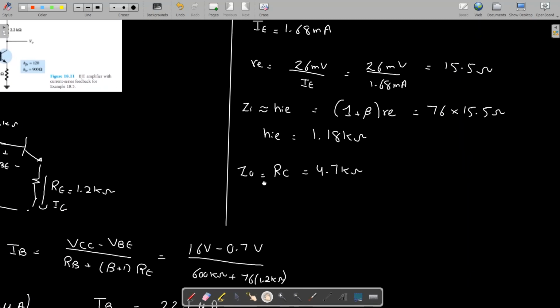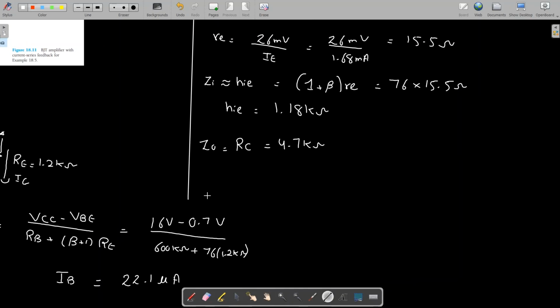Now to find the gain without feedback, the voltage gain without feedback will be equal to minus HFE divided by HIE plus RE. Now we have found out the minus HFE. HFE is your beta, because small signal current gain in hybrid parameters is HFE.